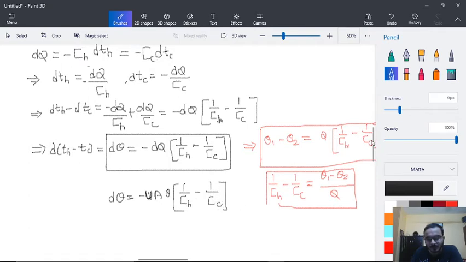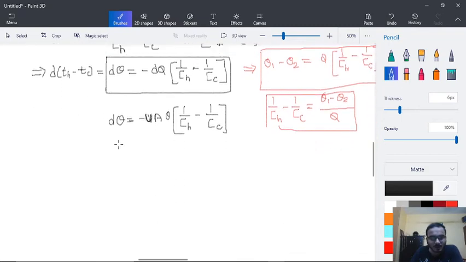So here now, d theta upon theta is equal to minus u a into 1 upon ch minus 1 upon cc.